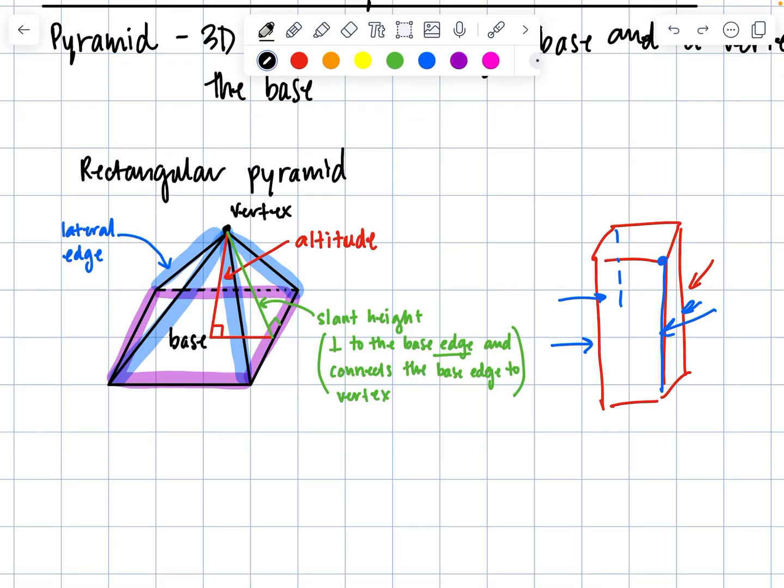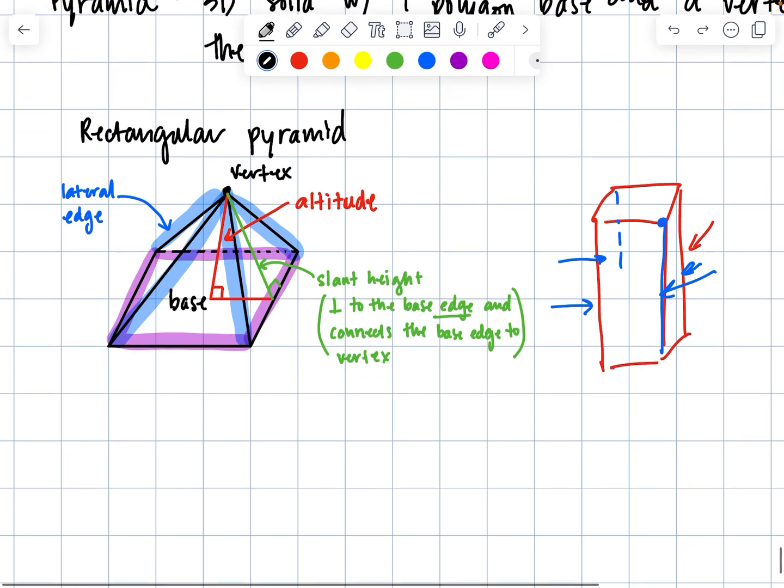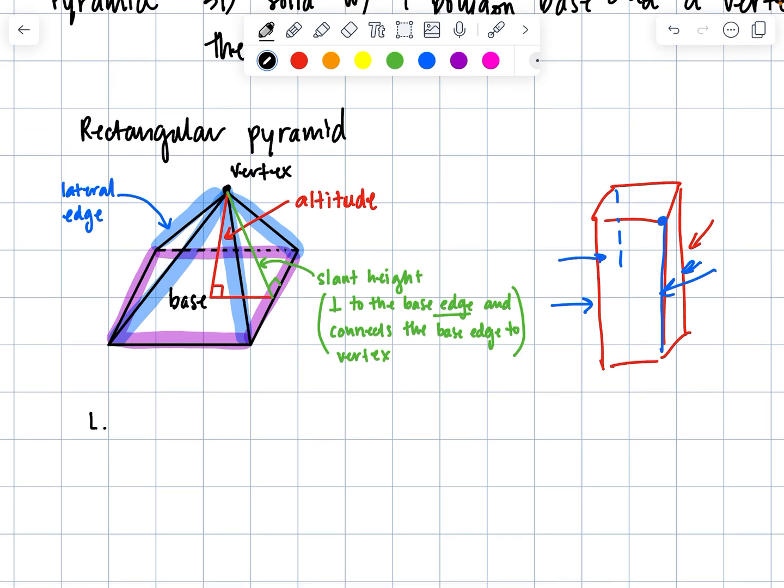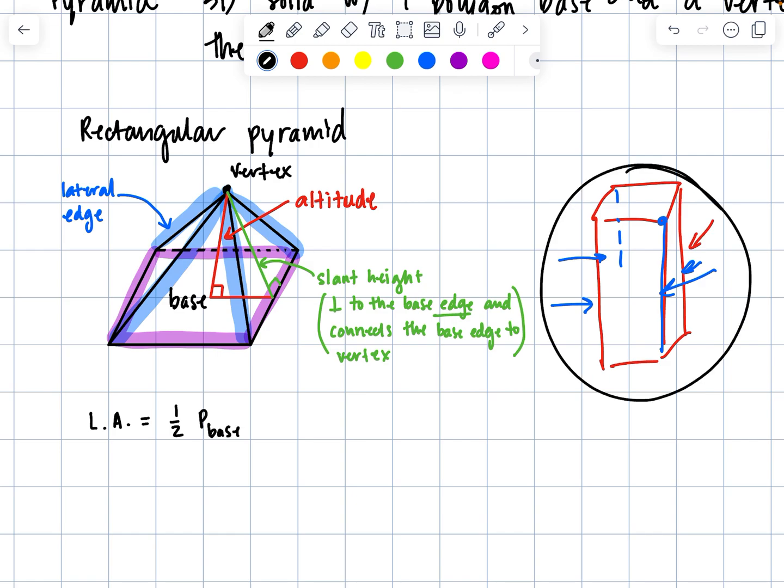The lateral area of a pyramid, LA, is going to be equal to 1/2 the perimeter of the base. So just like when we had this rectangular prism, we needed the perimeter of the base, multiplied with, not the altitude this time, but the slant height.